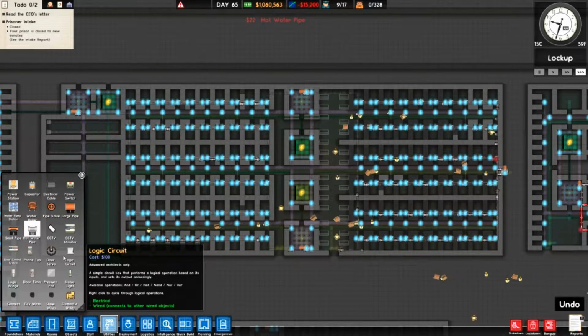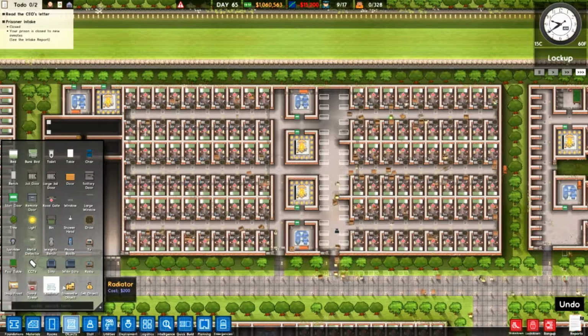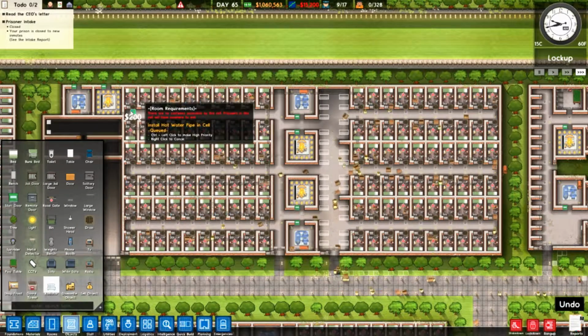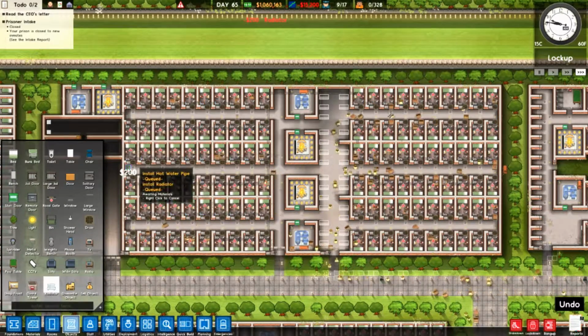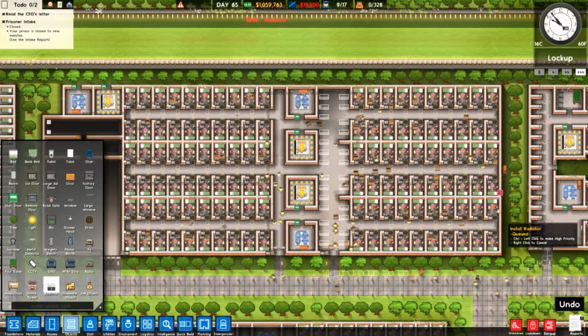Now that the pipes have been placed for hot and for cold water, I'm going to place some radiators to provide warmth, and I'm going to place them here at the end of each hallway.